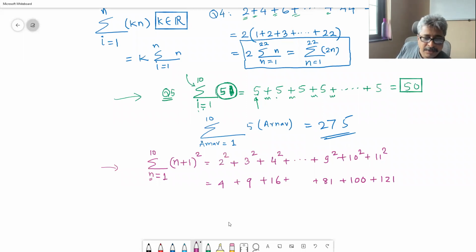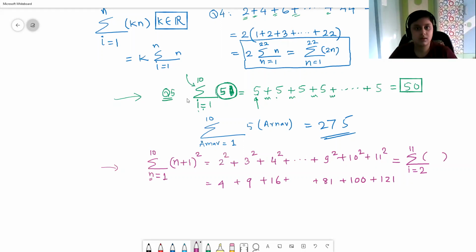This is exactly equal to sigma i goes from 2 to 11 of i square.